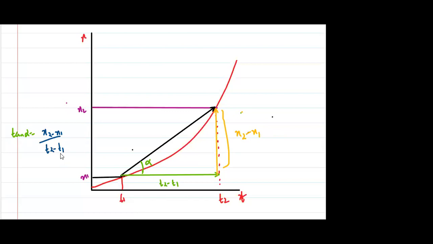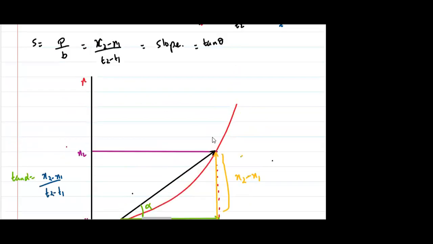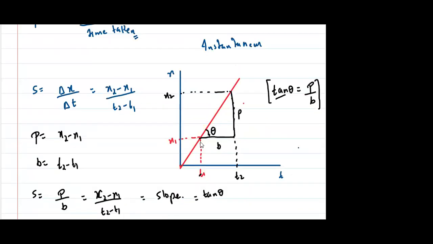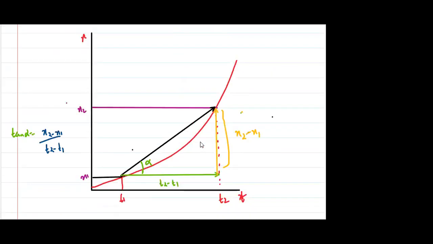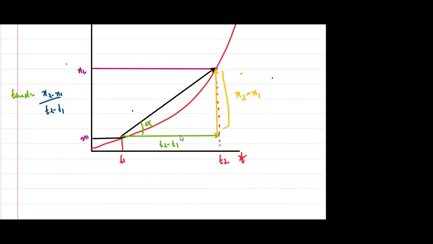Now observe this graph and observe this graph. What is the difference? Uniformity. What does this black line represent? The change in distance with respect to time, yes or no?